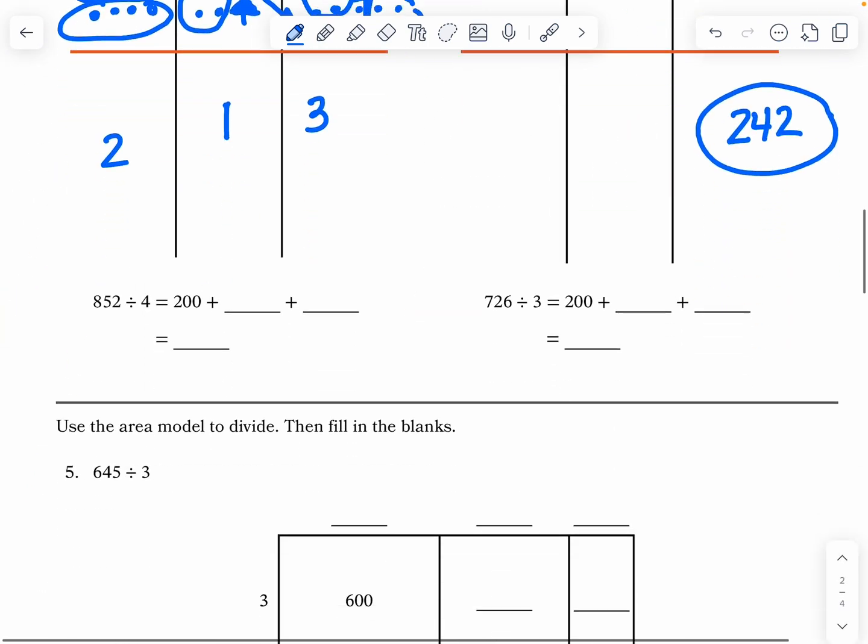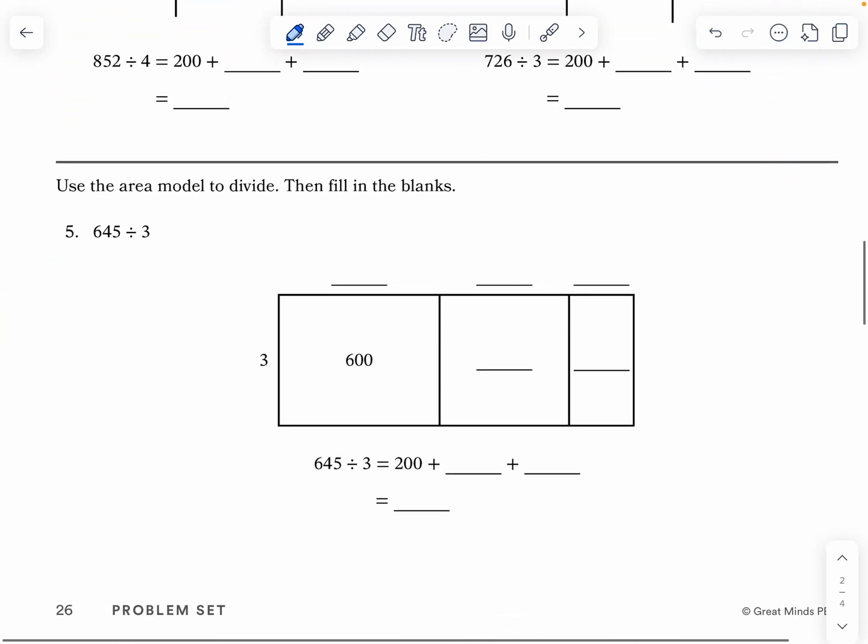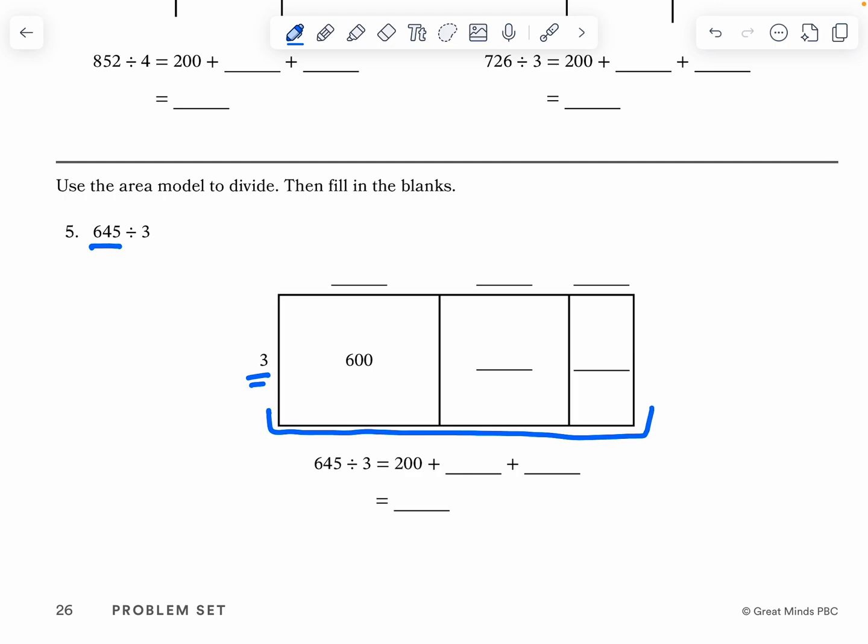Now, let's move on, and we're going to look at this using area model. And what they have done is they have broken up 645 into pieces that are easily divisible by 3. This whole total for this piece is 645.